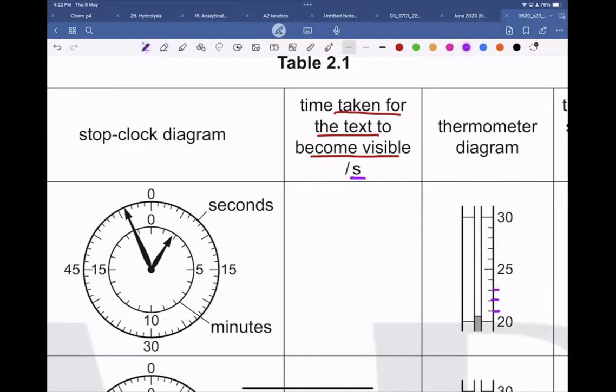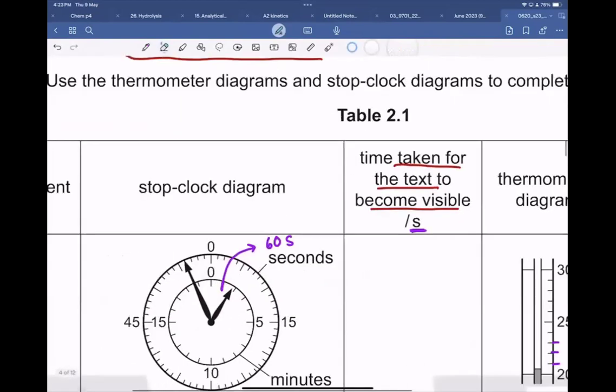So if you see over here, it is 1 minute, which means it is going to be 60 seconds because we have to record the time in seconds. And if you see the other part, it is going to be 55 seconds. So 60 and 55 seconds. If you add 60 plus 55, you are going to get 115 seconds. So here I am going to write 115 seconds. Is this understandable to all of you?